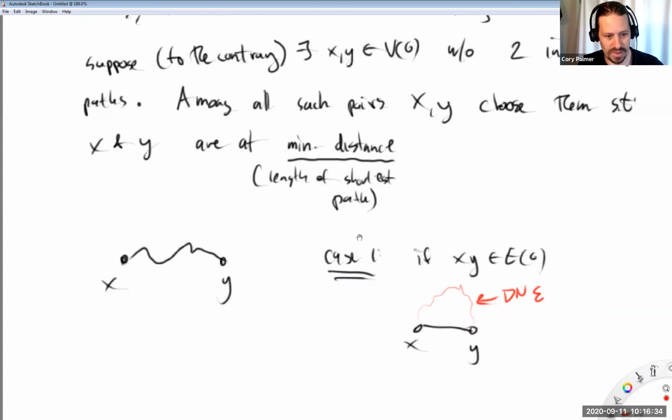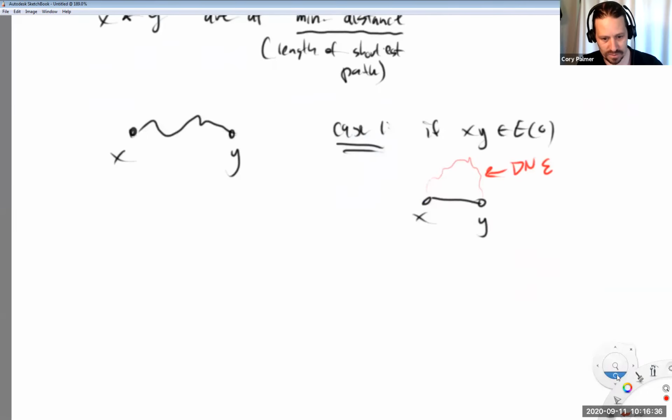So what does that actually mean about the edge XY? Can someone see what that tells us about the edge XY in the graph? It's a bridge. Yeah, this becomes a bridge, right? Because there's stuff over here reachable by X, and there's stuff over here reachable by Y, but there's no way to cross.